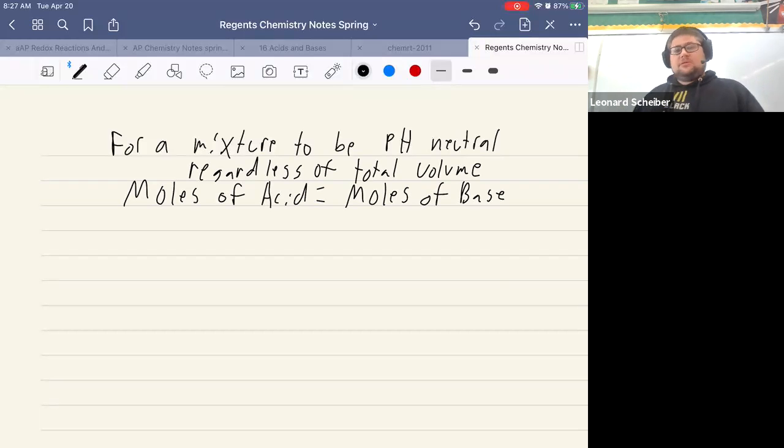If you have too much acid, it's an acidic solution. You have too much base, it's a basic solution, right? We just saw that to find moles of acid from any solution, we do molarity times volume.